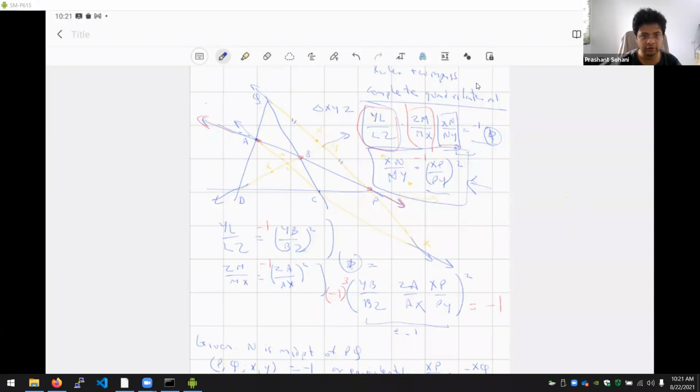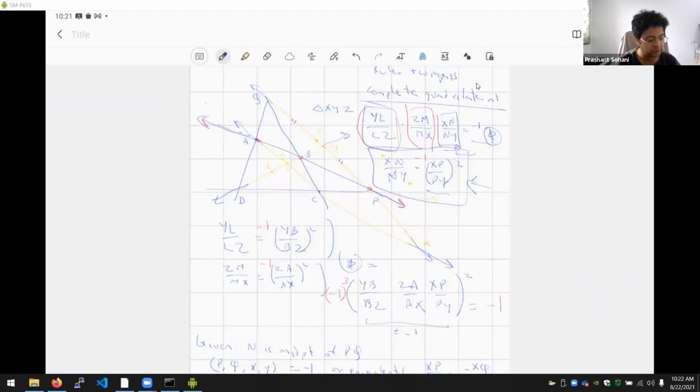But I need a triangle on which these three points lie. Looking at the diagram, the most symmetric choice would be this orange triangle, triangle XYZ. Then to apply Menelaus's theorem, I need to find XN upon NY. To do that, what information do I know already on this line? I know that X, P, Y, Q are harmonic.